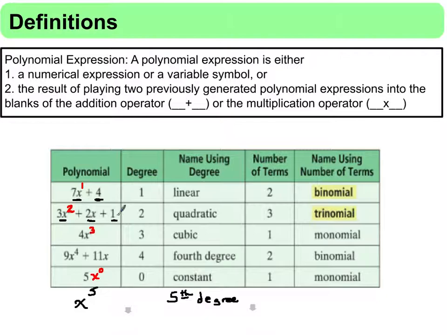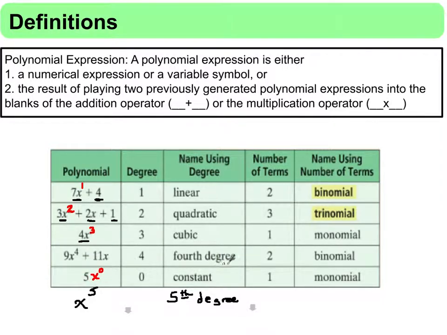Oftentimes a student in the class will hear a term such as a bicycle, referring to two wheels, or a tricycle that refers to three wheels, to help the student kind of get that notion. If there's one term, such as 4x to the third power, that's a monomial. If there are two terms like this one, again a binomial.